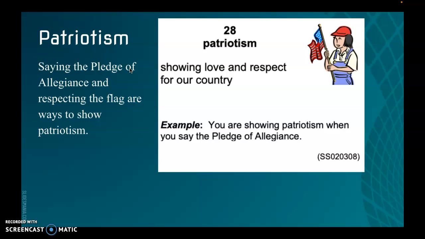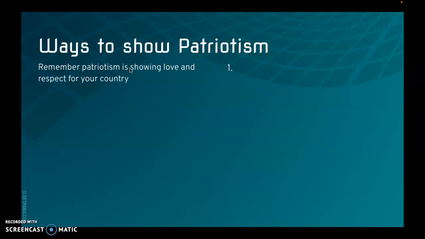I'm going to say that one more time. Saying the Pledge of Allegiance and respecting the flag are ways to show patriotism. What are some ways we can show patriotism? Oh my goodness, if you said saying the Pledge of Allegiance, that's one way, you are absolutely right. Very good.